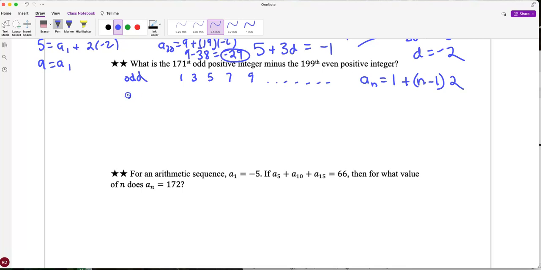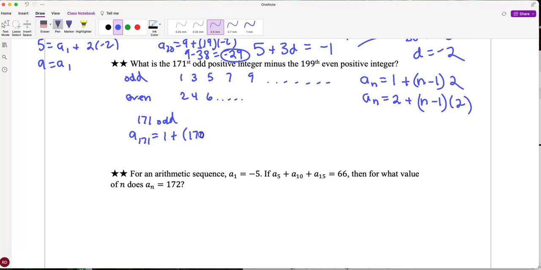Let's look at the evens. The evens are what? 2, 4, 6, and so forth. Same common difference, but here AN is equal to 2 plus n minus 1 times 2. The 171st odd is going to be A171 equals 1 plus 170 times 2.